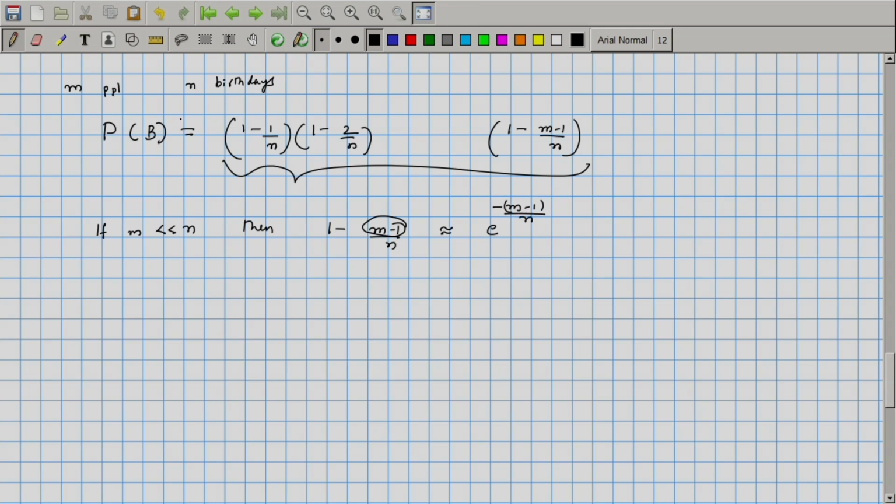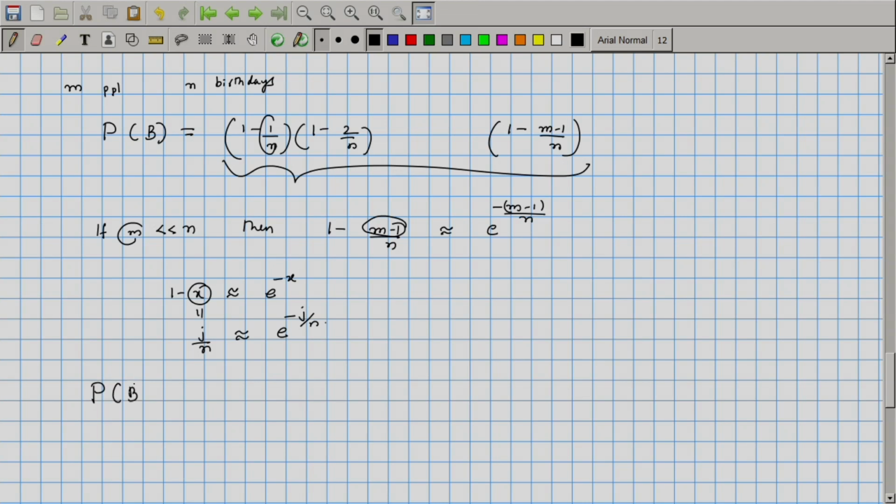And it can be done for any of these terms, they can be approximated this way. 1 minus x is approximately e raised to minus x for small values of x. So, when x is equal to, let us say, j by n, this is approximately equal to e raised to minus j by n.